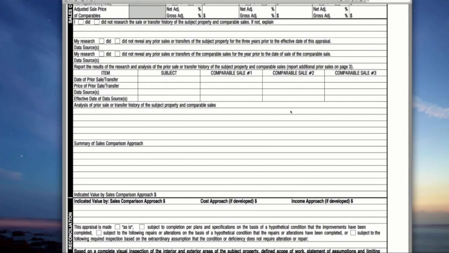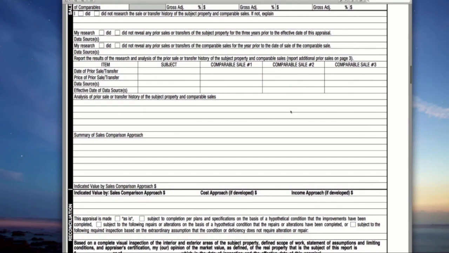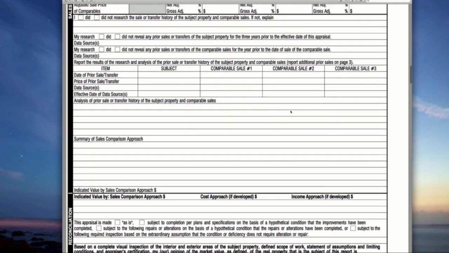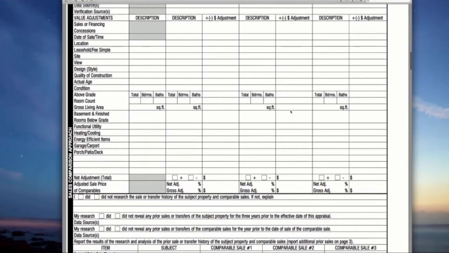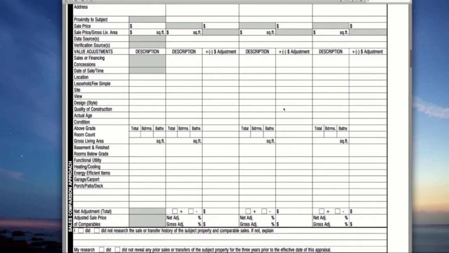All right. So reconciliation is the next one, or is that part of it? Yeah, reconciliation. Let me back up to the sales comparison approach a minute. In the sales comparison approach, that's the meat of the valuation analysis that the appraiser completes.